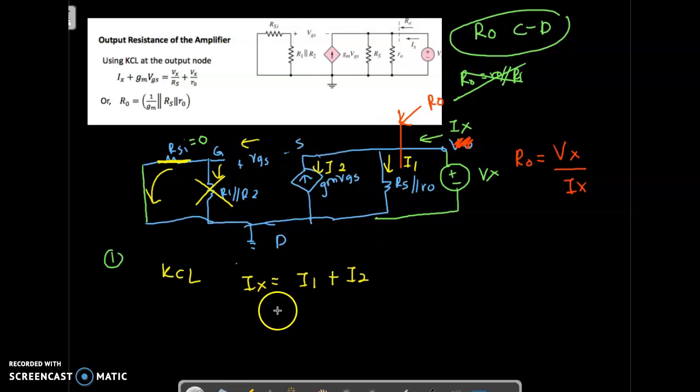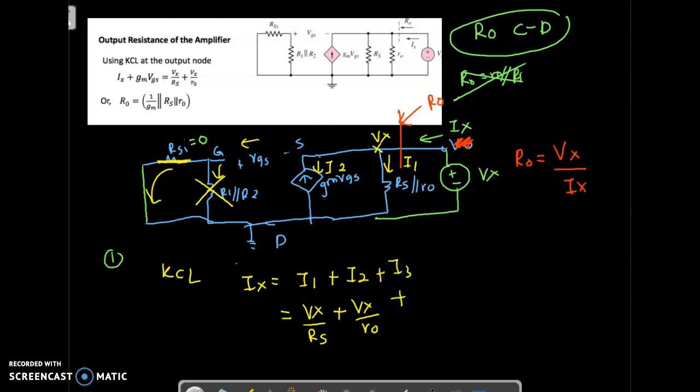Okay, so your I1 is actually, voltage here is Vx, right? Because this is parallel. So Vx over Rs plus Vx over R0. So you separate this one. And then also I3.